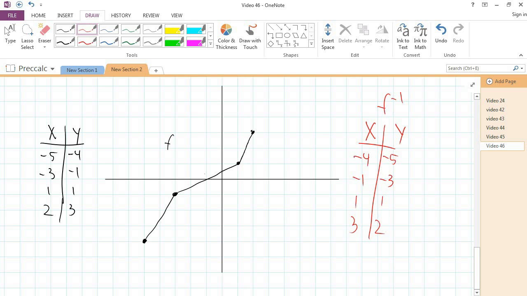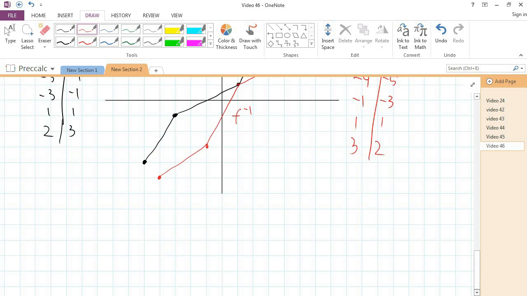But if I do that, -4, -5, -1, -3, 1, 1, 3, 2. What I get is f inverse.